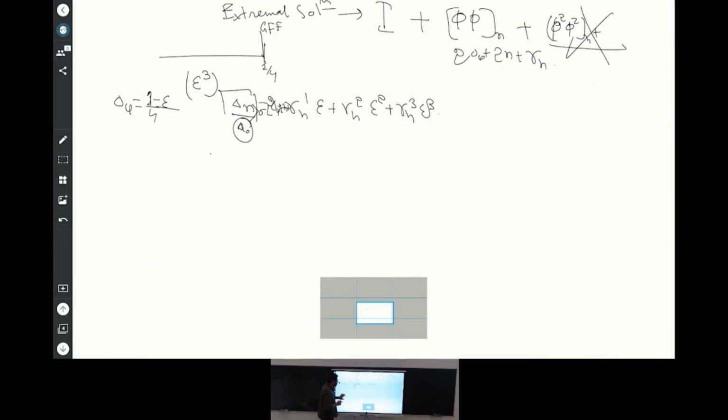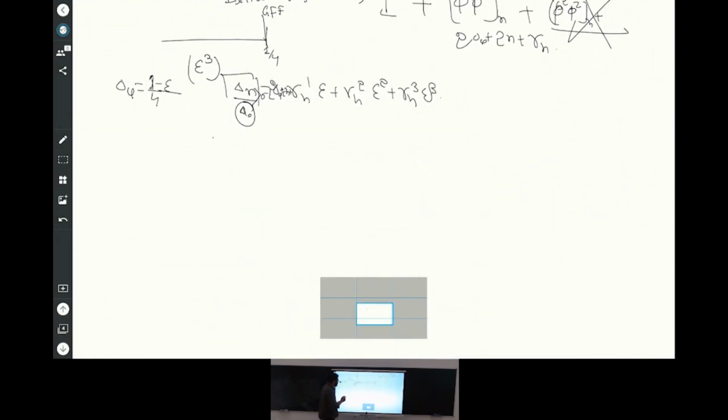So what we observe is that we are looking for one extra equation which will fix the dimension of delta 0.